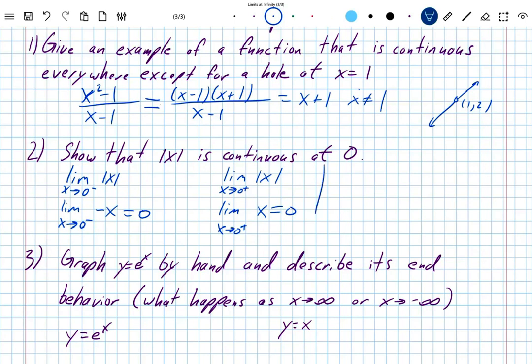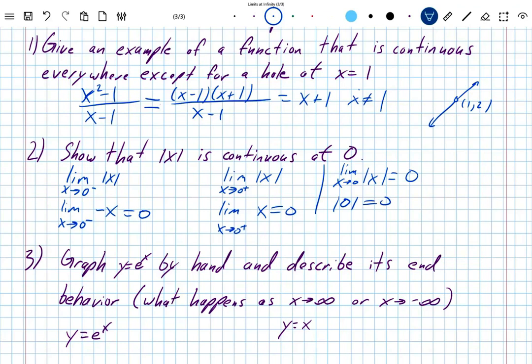If I put these together, I see that the limit as x goes to 0 of absolute value of x equals 0 because the left and the right hand side agree. And importantly, it's not just that the limit exists, it's also that, hey, if I plug in this number, the 0 here, into that function, then I should get the same value.